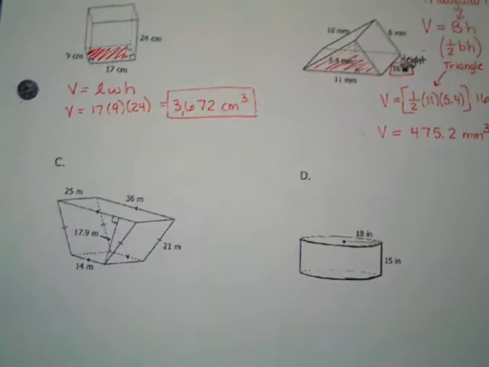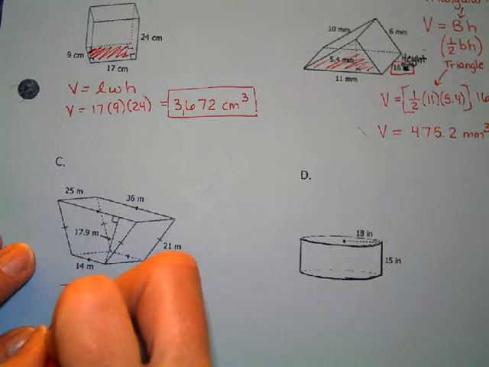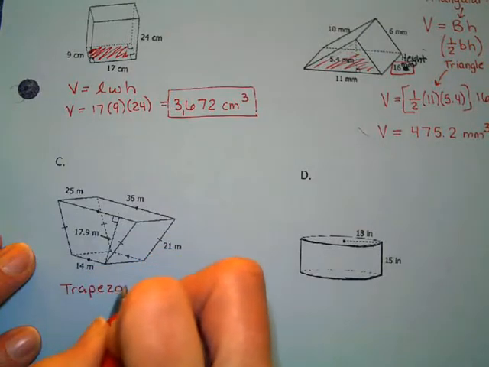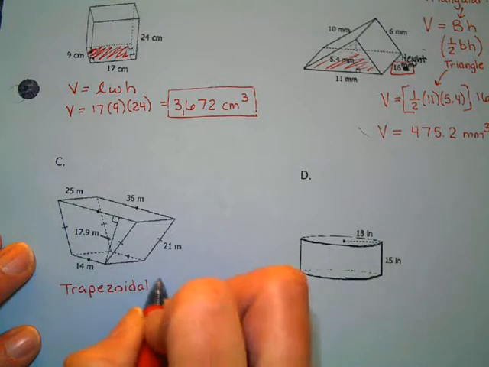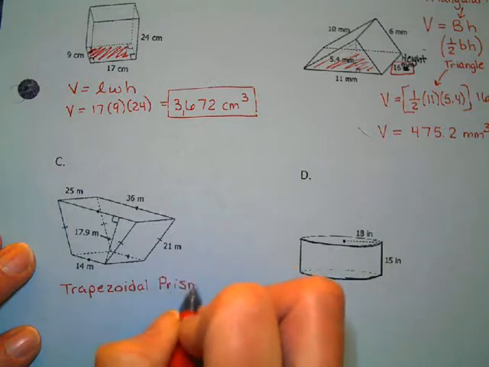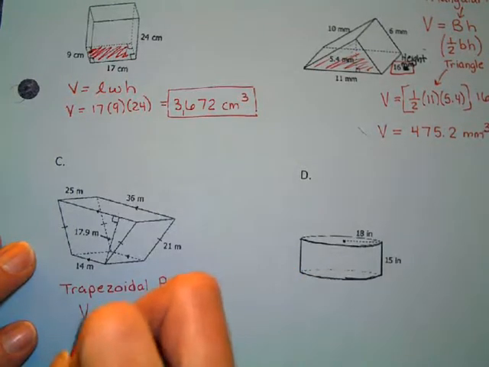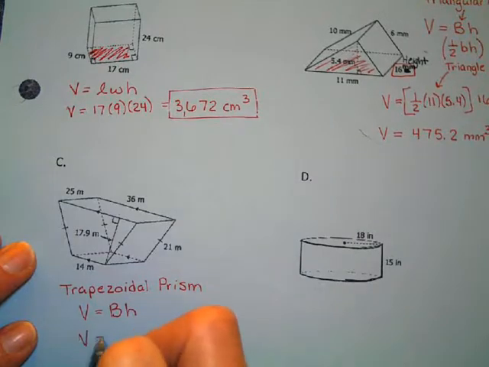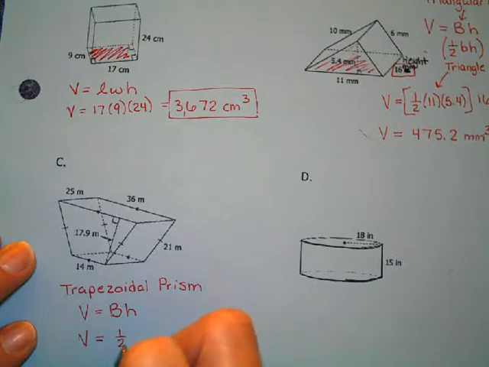Alright, this one's called a trapezoidal prism. Again, prisms, we do volume equals the base area times the height. For a trapezoid, the area of a trapezoid is 1/2 height times B1 plus B2.